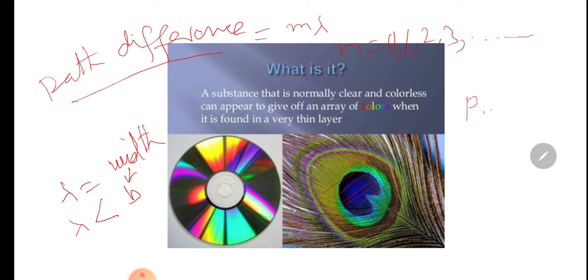But if the path difference is a half integral multiple of the wavelength, then destructive interference will take place.